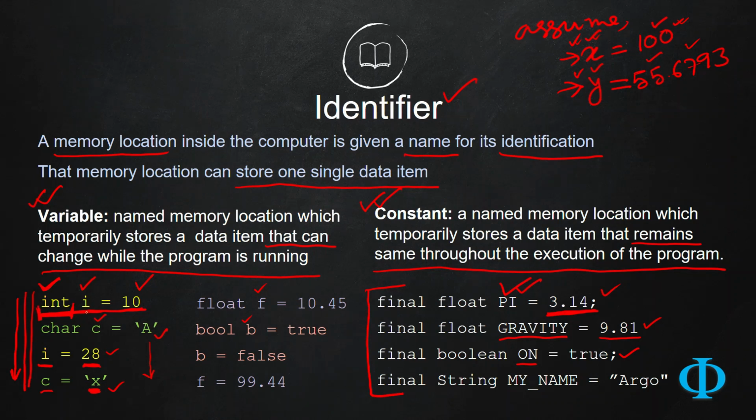Then followed by the variable name over here, and then an equal symbol, and then an optional initial value of this variable. So this part is basically optional part. So what is the syntax?